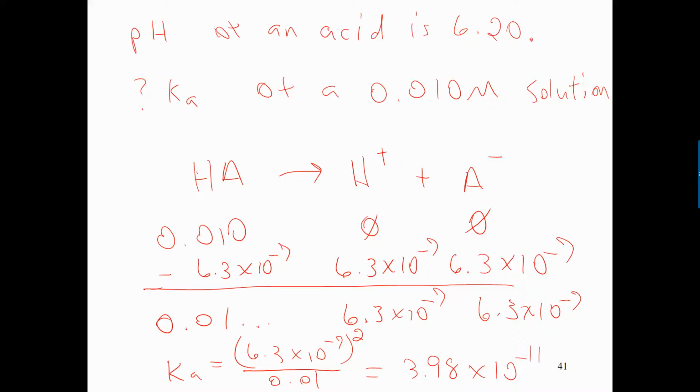So you see how that works? You're just working backwards. The rice table helps me identify what everything is. I know what X is because it's the H plus ion concentration. I can find the H plus ion concentration from the pH. So if I know the pH, I can identify all these other parts, and then I can solve for my Ka.